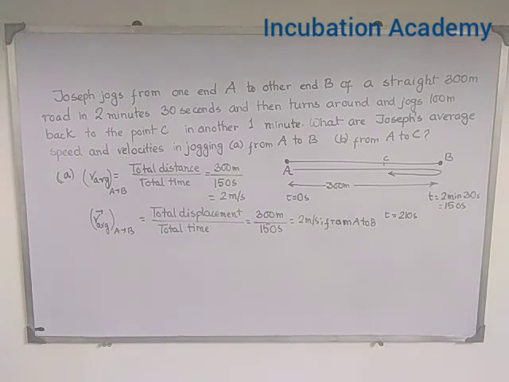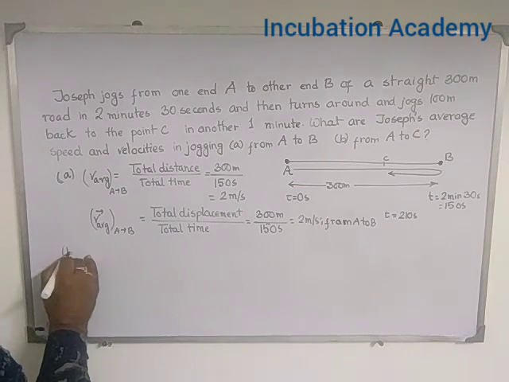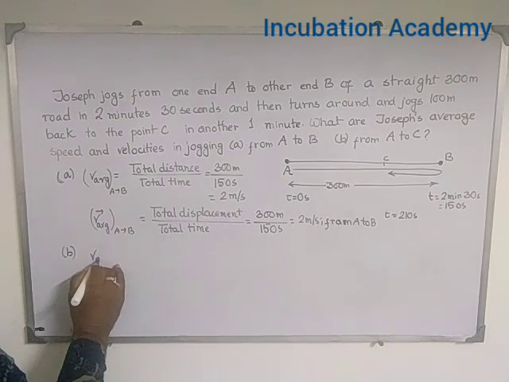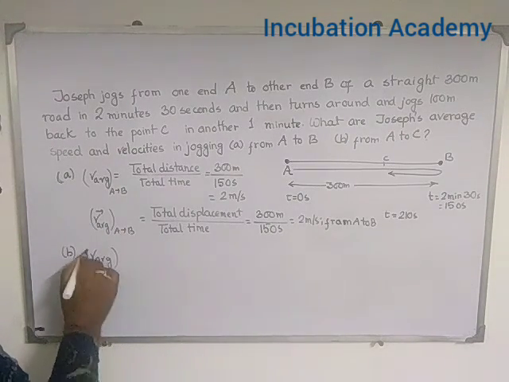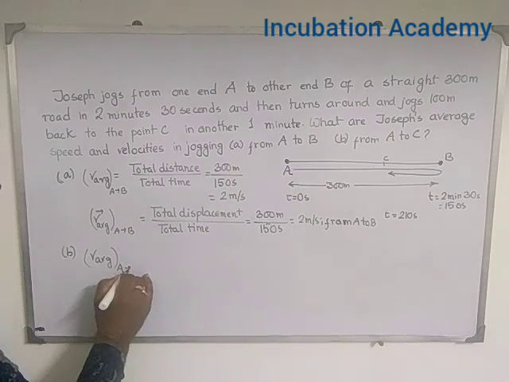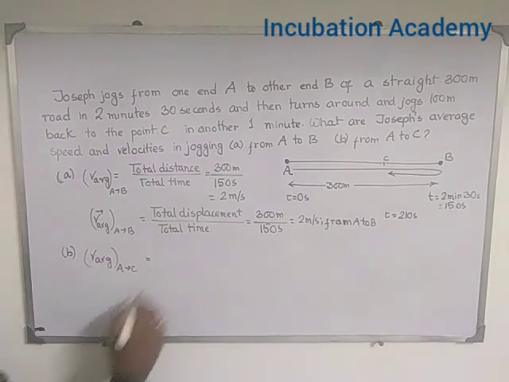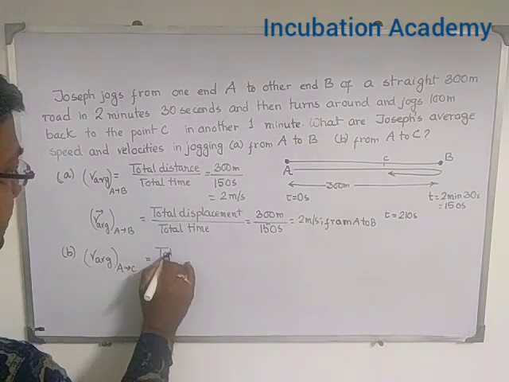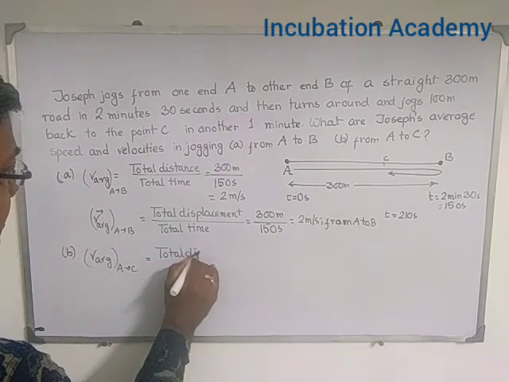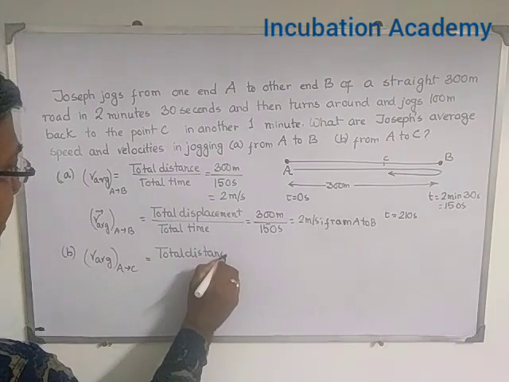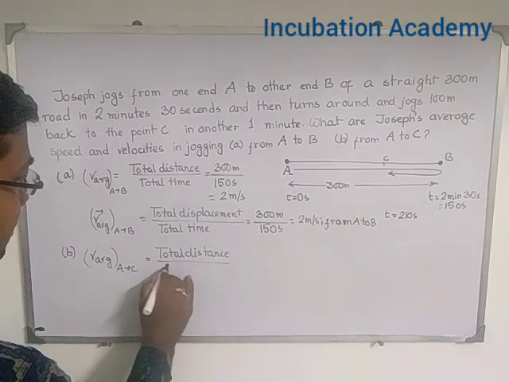Now, what is the average speed in moving from A to C? That is the part B. That is the V average in moving from A to C. What is the total distance? Total distance that we have to calculate, after that the total time.